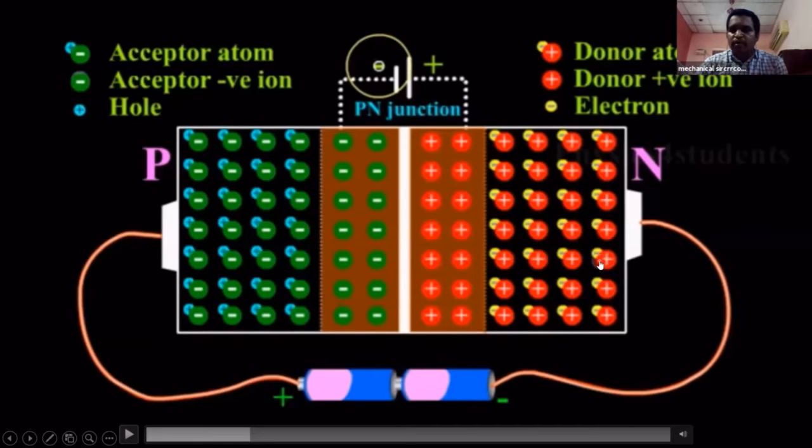And here also we are connecting negative to negative, meaning there is a repulsive force that causes the movement of electrons towards the junction.